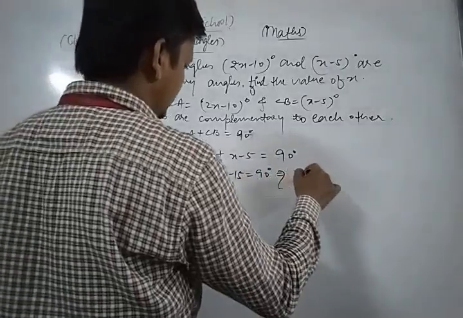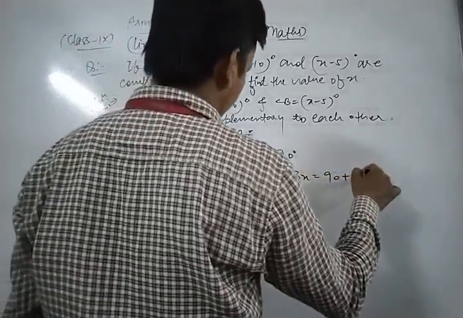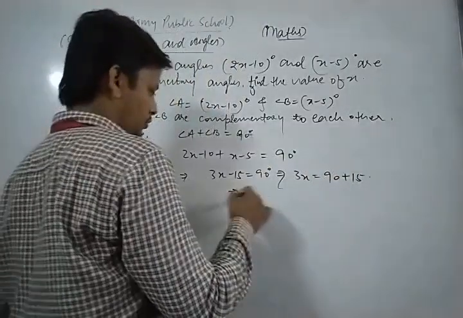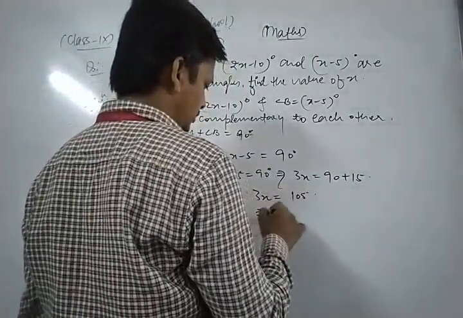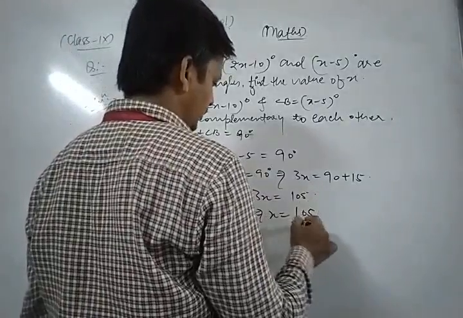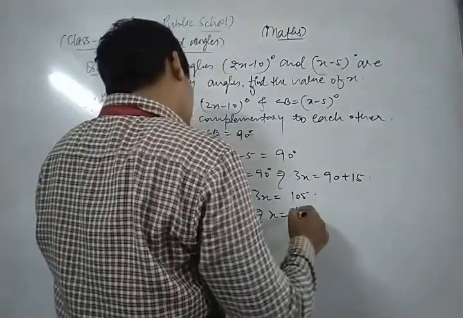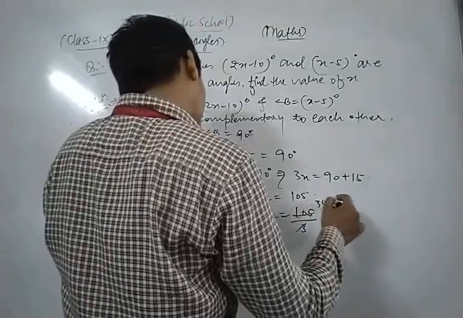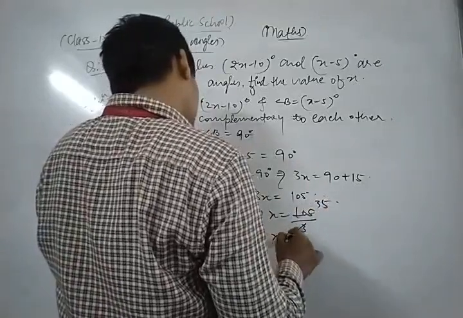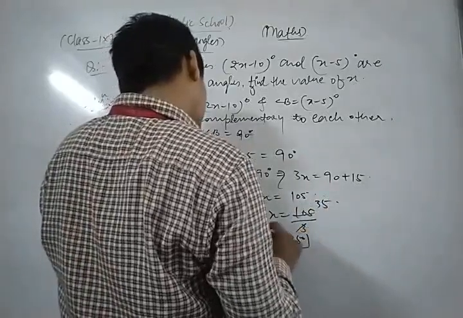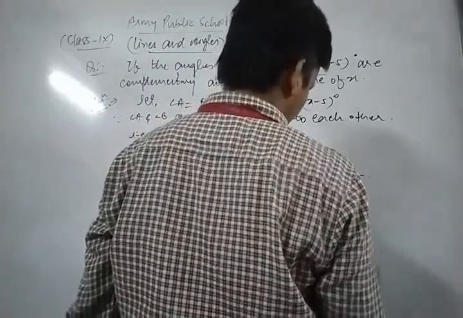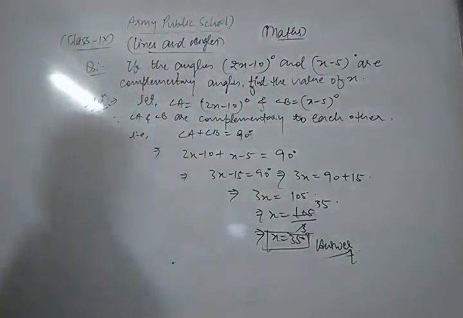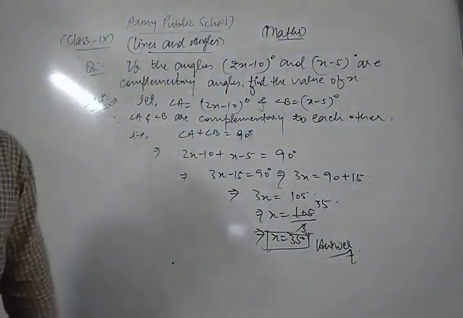So from there, 3x is equal to 90 plus 15, so 3x is equal to 105, x is equal to 105 divided by 3. So x is equal to 35 degree.